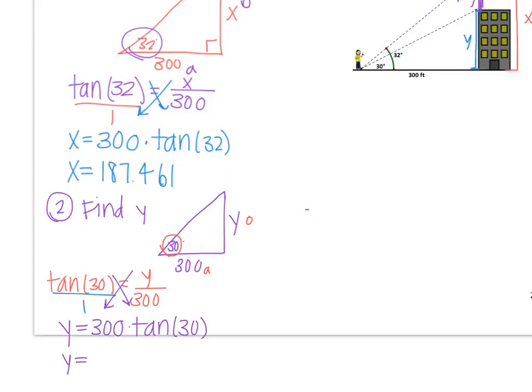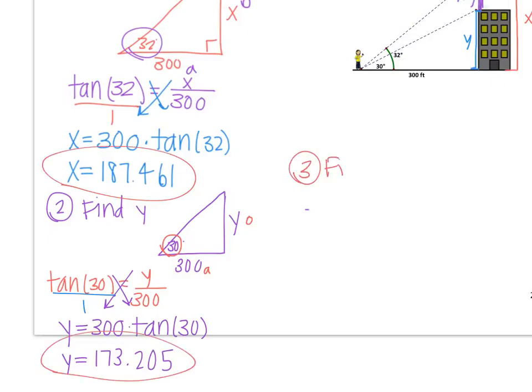So when we type that in the calculator, we get 173.205. So now I have an x value and I have a y value, and my last step, remember, was to find the flagpole.